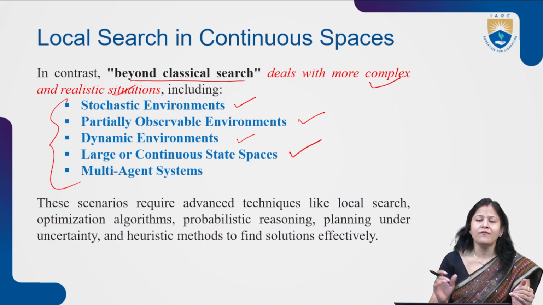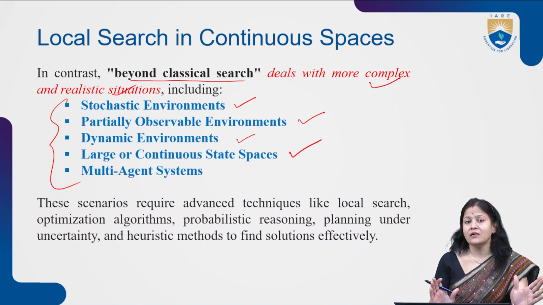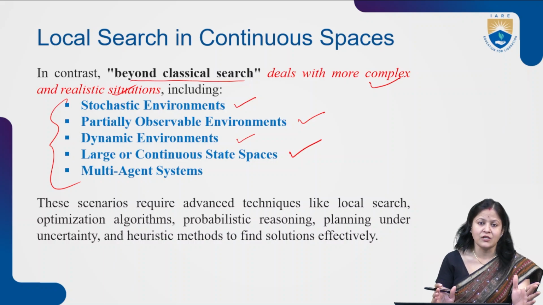So all the values between 16 and 30 can be continuous in nature. And multi-agent systems, where more than one agent works to solve a complex problem. So all these are the characteristics of beyond classical search, which is not possible in our classical search method.